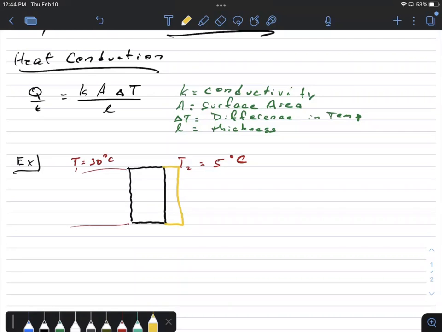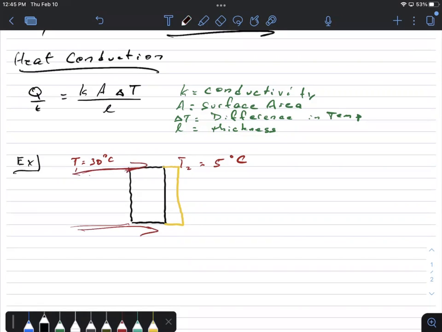So you have two pieces of material pushed together, and the left side is where the inside of the house is, at a certain temperature. The right side of this system is where the outside temperature is. And of course, we know heat is going to flow from the hot side to the cold side.